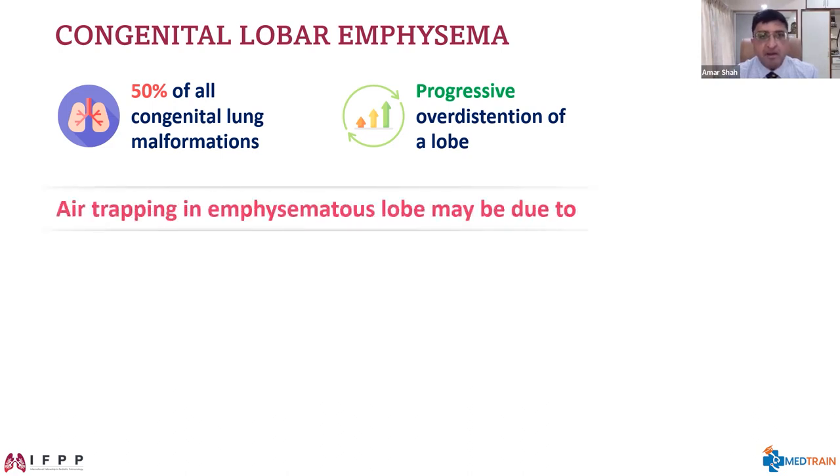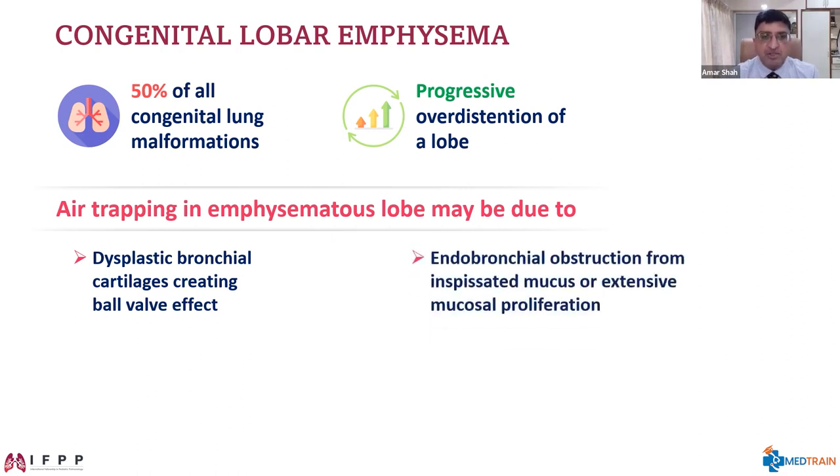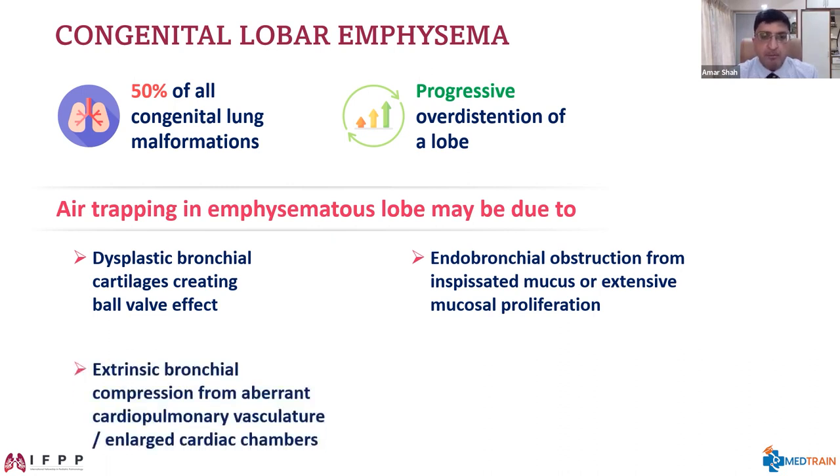The air trapping in the emphysematous lobe may be because of a dysplastic bronchial cartilage which creates a ball valve effect, an endobronchial obstruction from inspissated mucus or extensive mucosal proliferation, extrinsic bronchial compression from an aberrant cardiopulmonary vasculature or enlarged cardiac chambers, and diffuse bronchial abnormalities may also be a cause of congenital lobar emphysema.